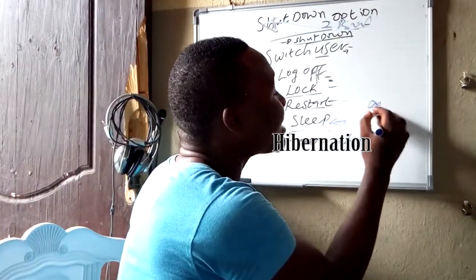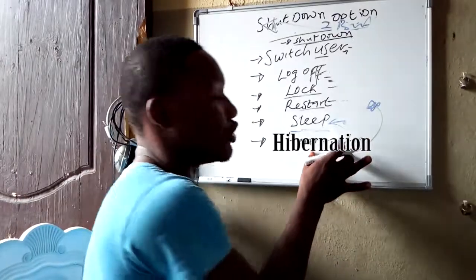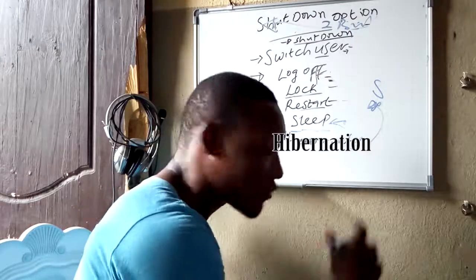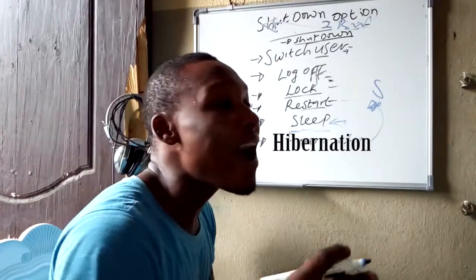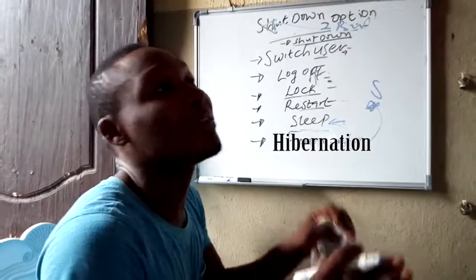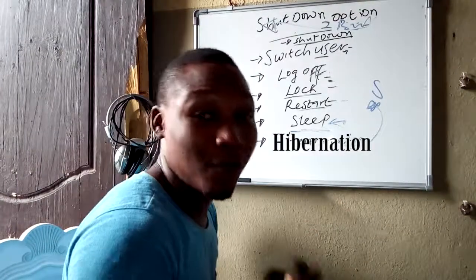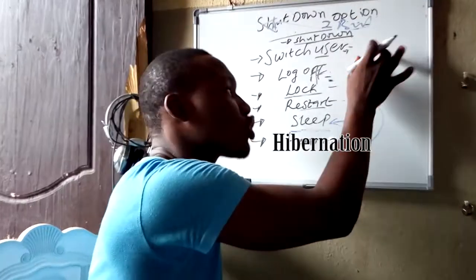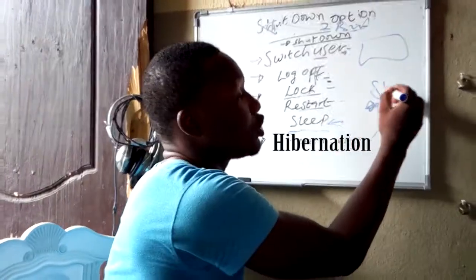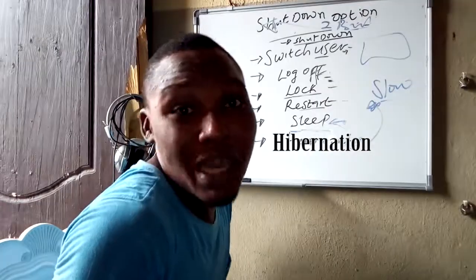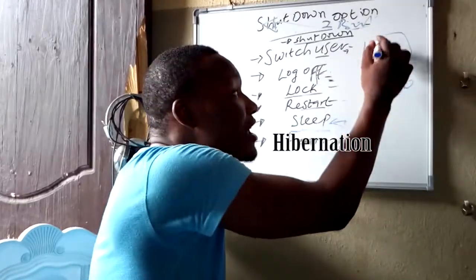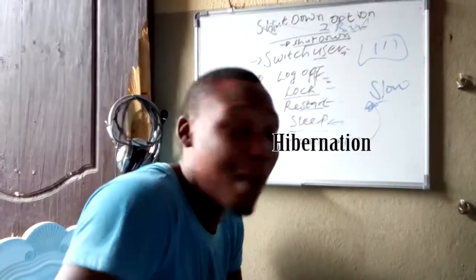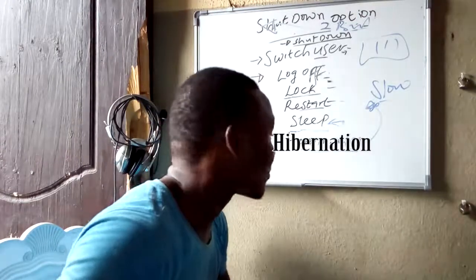The best thing for you to do is put it in hibernation mode, because no matter the percentage of electricity you have, the power going into your system, even if your system goes off before you come back, all your files, all your documents, all your running programs will still open for you, even if it's slow. We are impatient, but as long as my files are back, what else do I need coming fast for? Who needs a marathon race? Who needs a car? So that's why you need hibernation mode.